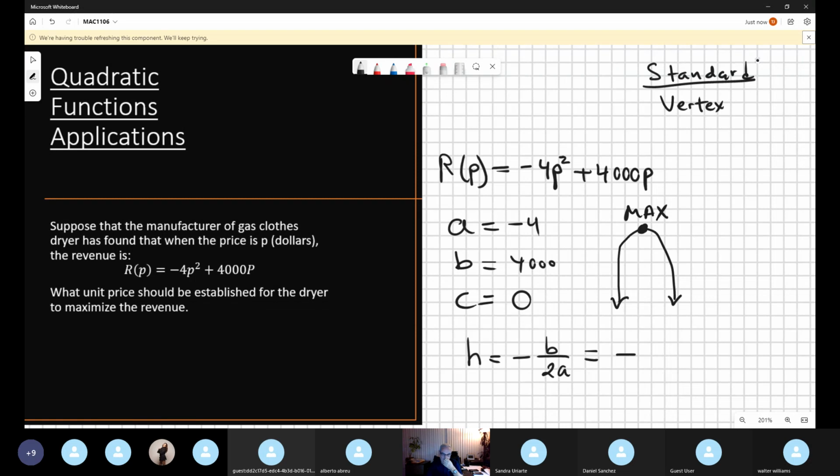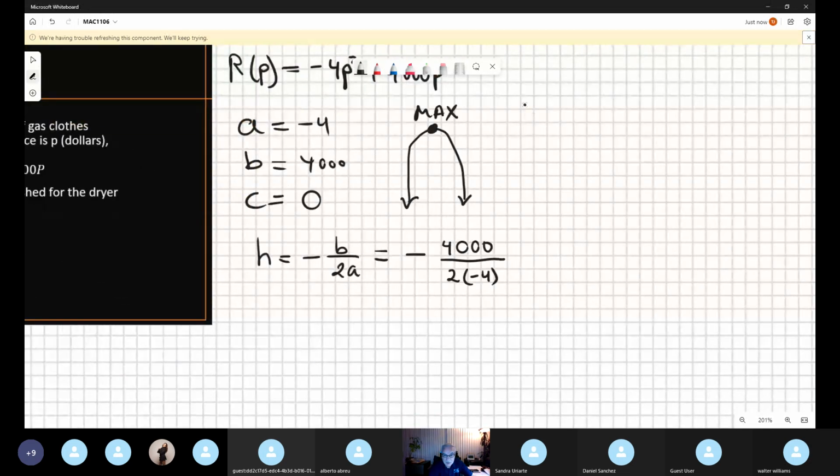Okay, this minus B is minus 4,000 divided by 2 times -4, which is -8, no? Now, double negative becomes positive. So basically, it's 4,000 divided by 8, no? Why don't you put it in the calculator? 500.